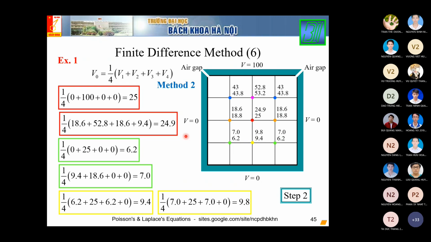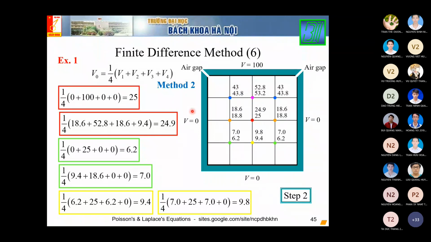Okay. There are two ways. The first one is that instead of using the square, you can use the diamond, and instead of using the starting value, say 43.8, you can use the new updated value like 43.